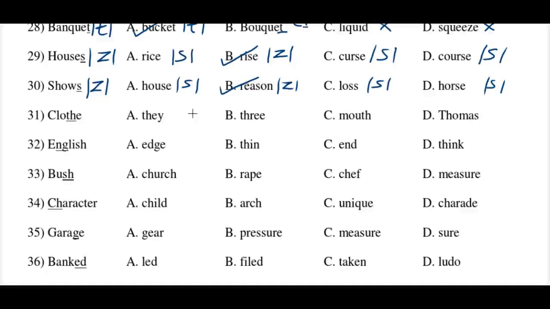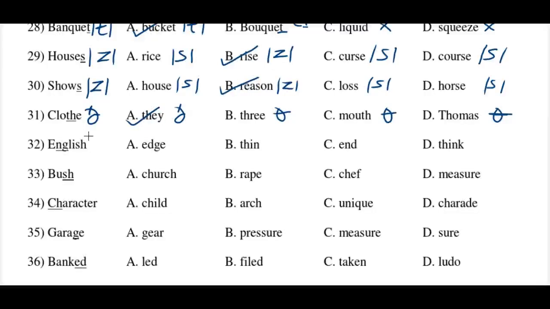31. Clothe. This sound. We have they. We have three. We have mouth. Then we have Thomas. So the correct answer is they, like clothe. Then 32. English.